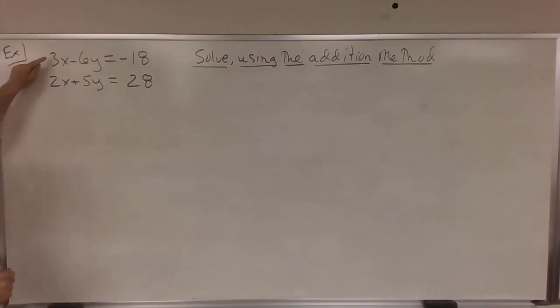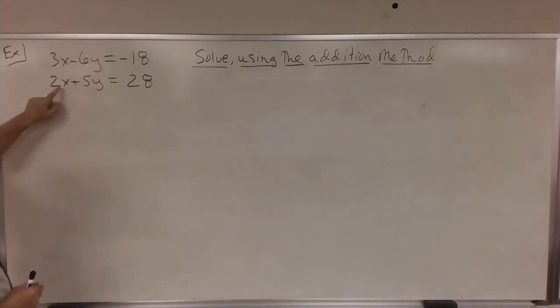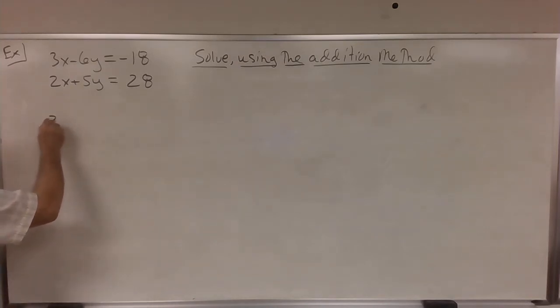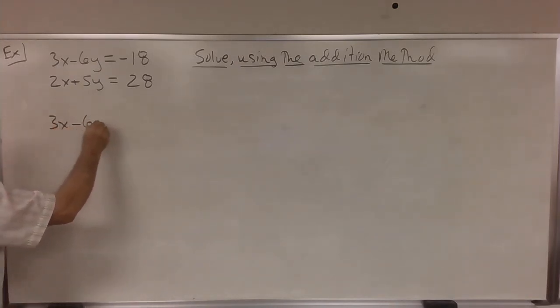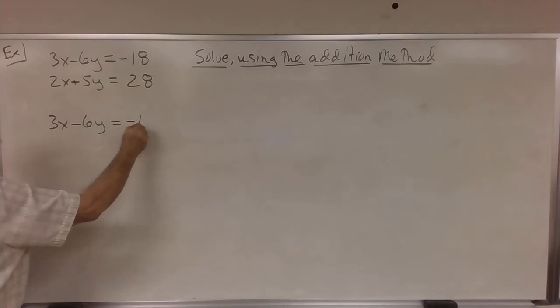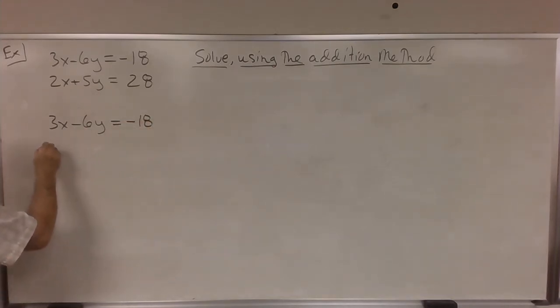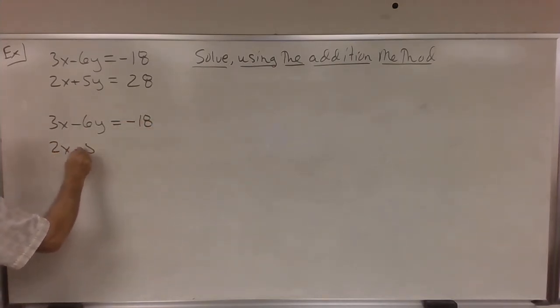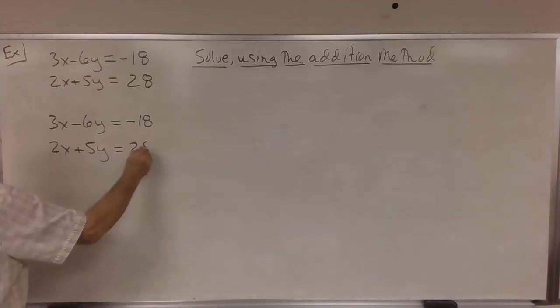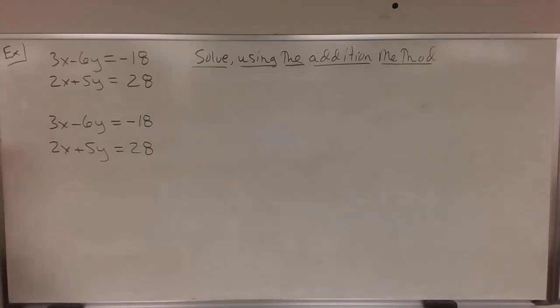So let's multiply the first equation by one number and the second equation by a different number, such that what we have here is the negative of what we have down here. So I have 3x minus 6y equals negative 18, and 2x plus 5y equals 28.